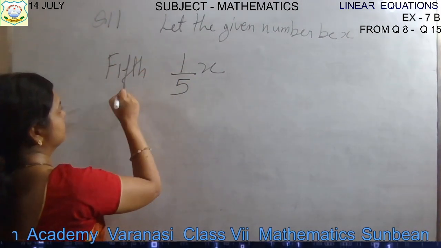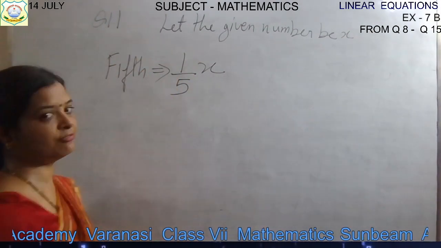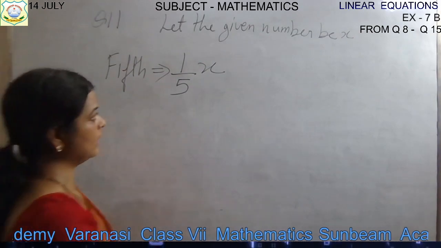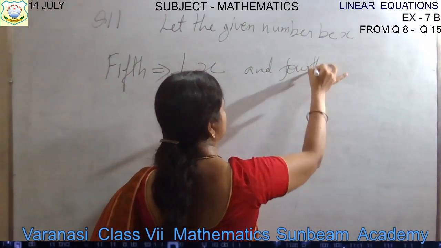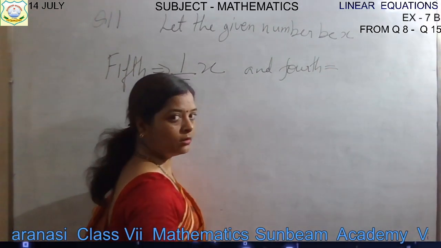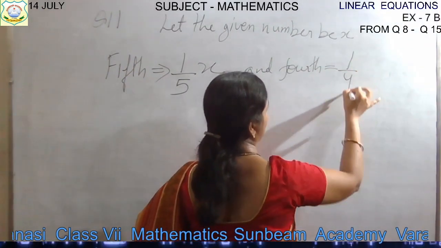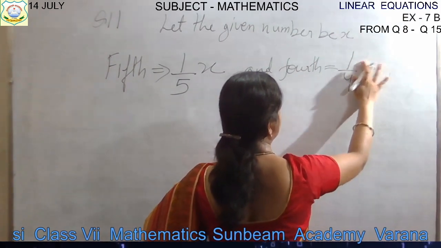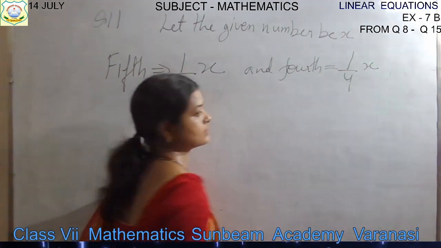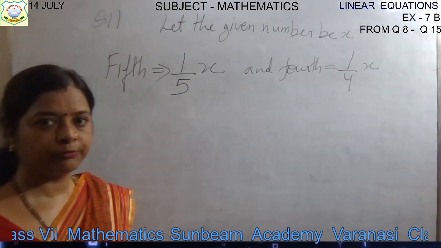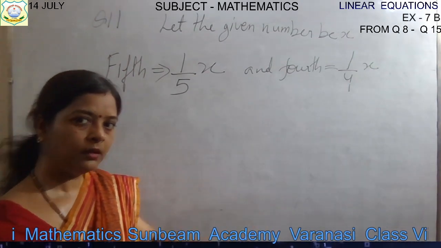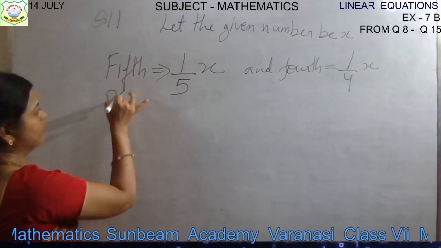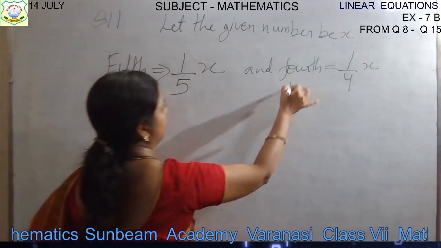Fifth part will be 1 by 5 of that number, and fourth part will be 1 by 4 of x. Okay. Fifth part will be 1 by 5 of x and fourth part will be 1 by 4 of x. You can write it in this way.